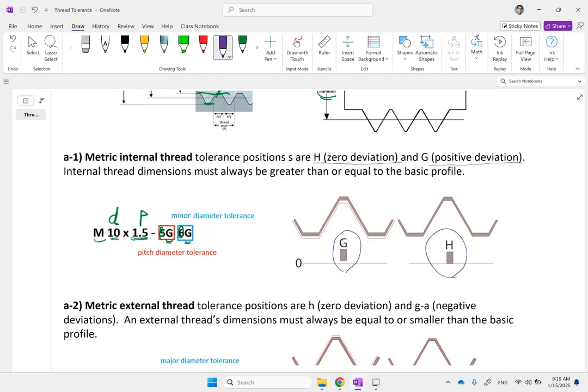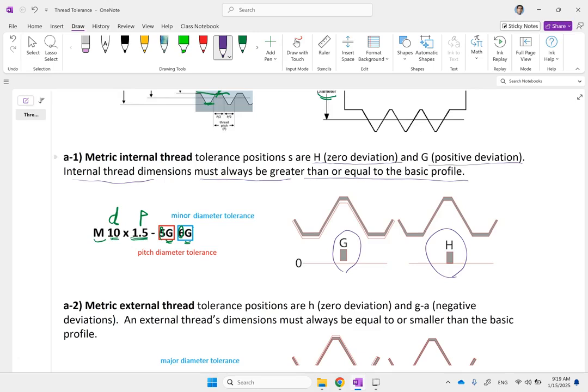What is positive deviation? Positive means bigger than the nominal size. And you know that an internal thread should always be equal or bigger than the basic dimension. You can never make an internal thread less than nominal size. Otherwise, that male thread will never pass through, okay? So it has to be 0 or positive deviation. G is positive, H is no deviation.